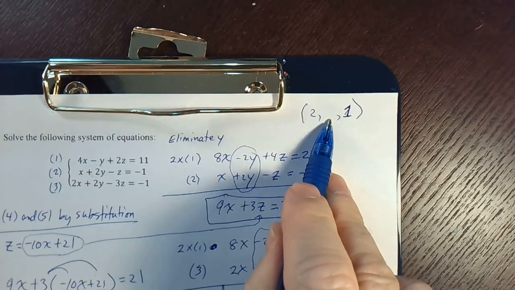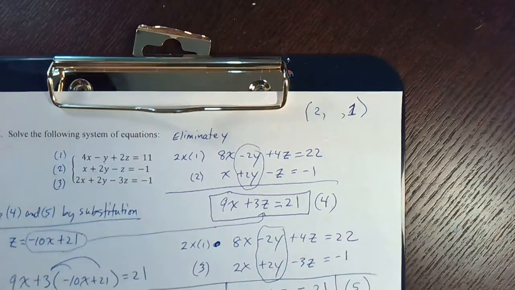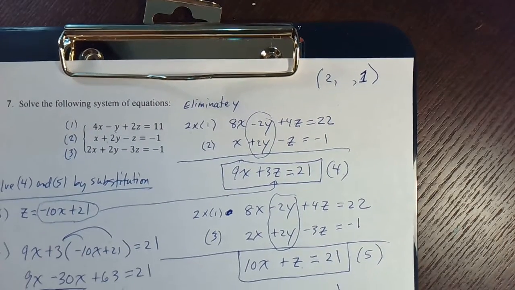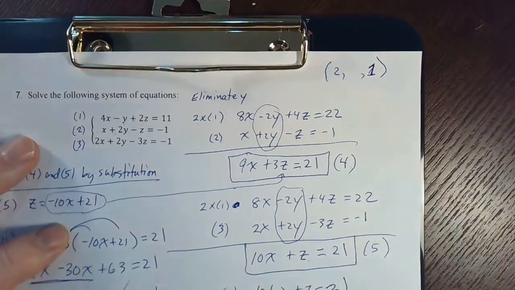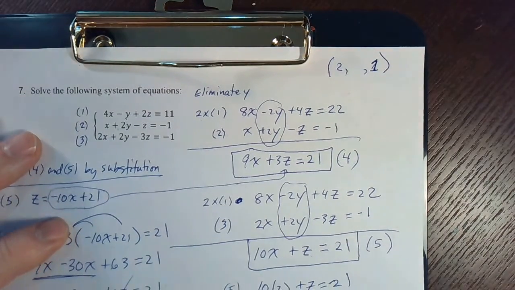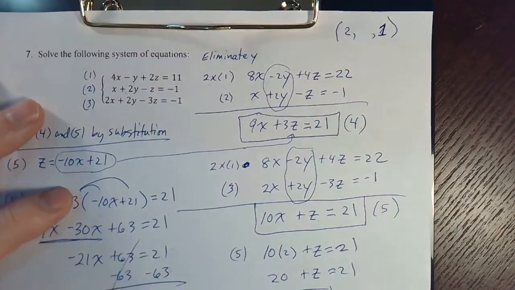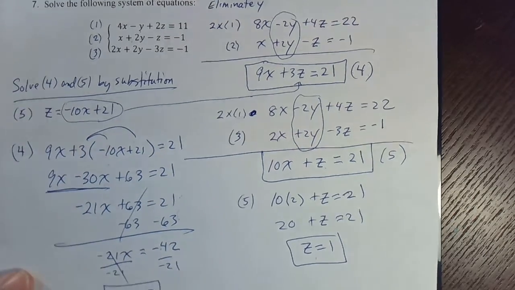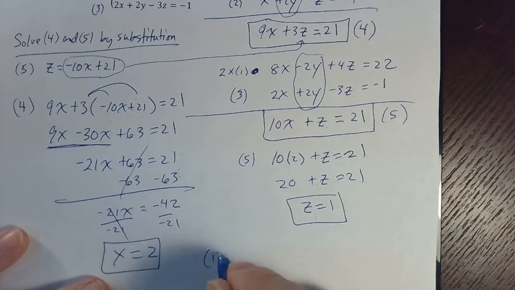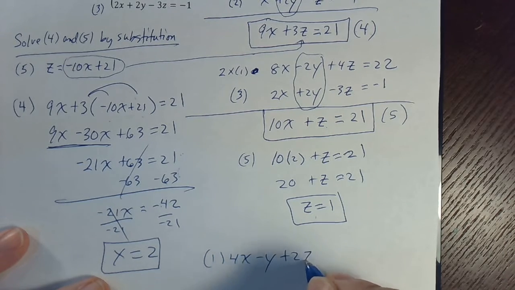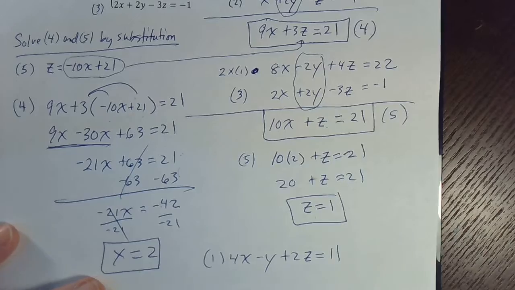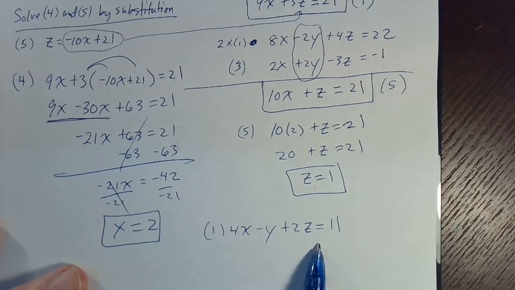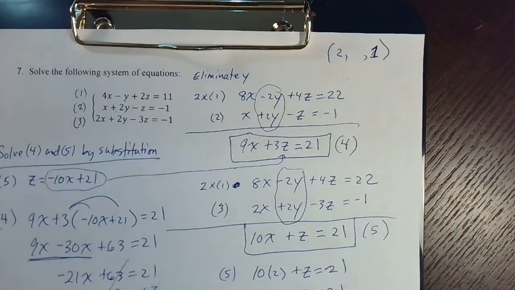We need y now. So let's go back to the original equations and plug in 2 for x and 1 for z. I'm going to rewrite equation 1 down below here: 4x minus y plus 2z equals 11. This is just copied from up here.